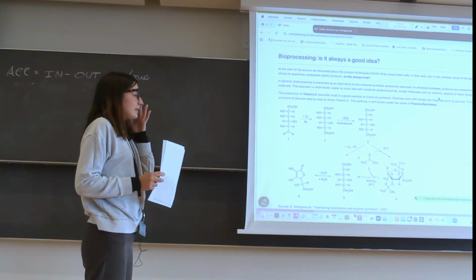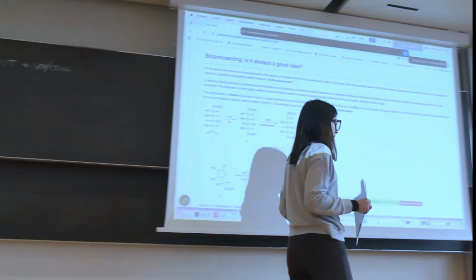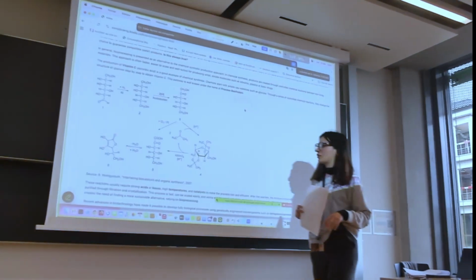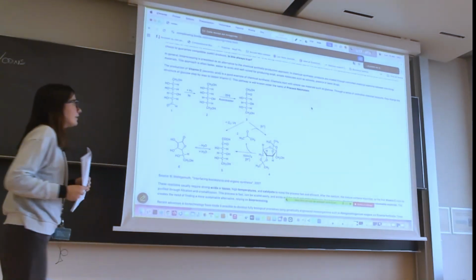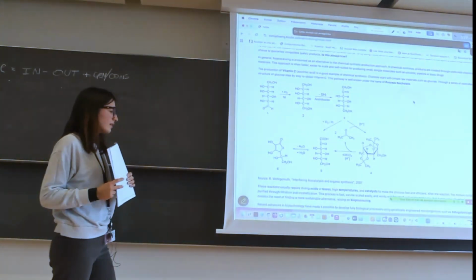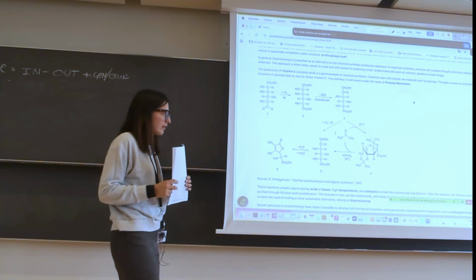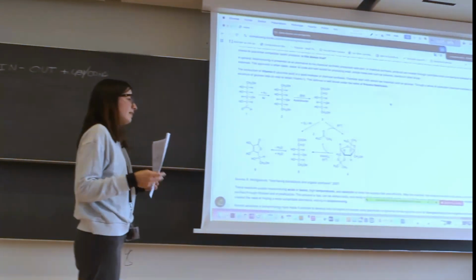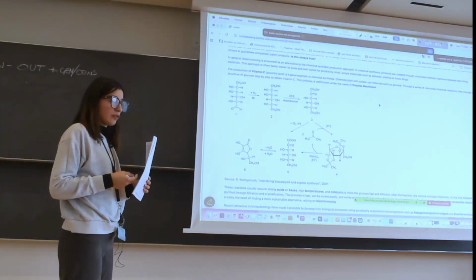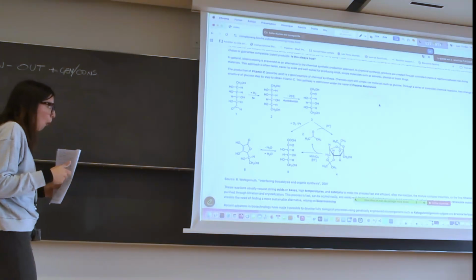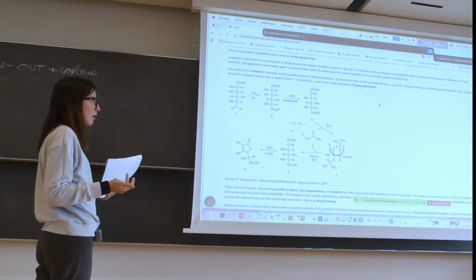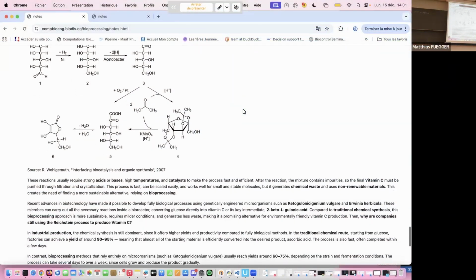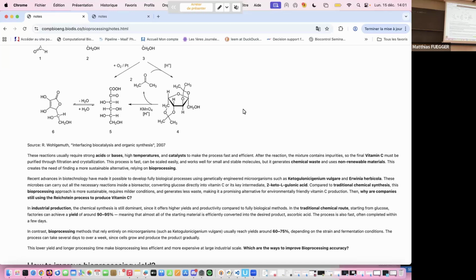And this is done by a very long and complex process that is called the Reichstein process. This process was developed in the second part of the last century, and it is highly used by companies because it has production yields of 90%.